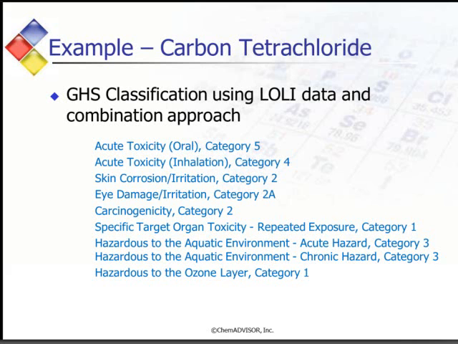We do include here oral category 5, which is not required by OSHA, inhalation category 4, skin corrosion and irritation category 2, eye damage and irritation category 2A, carcinogenicity category 2, specific target organ toxicity via repeat exposure category 1, hazardous to the aquatic environment, acute hazard category 3, chronic hazard category 3, and finally hazardous to the ozone layer category 1.